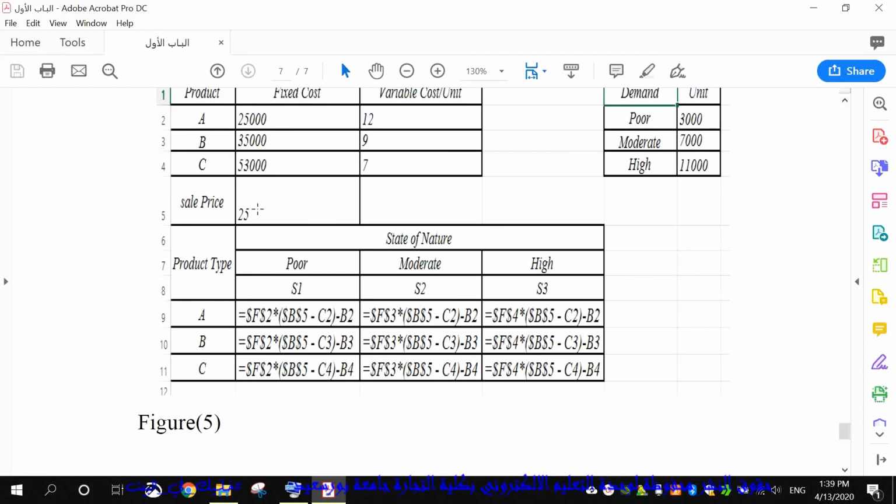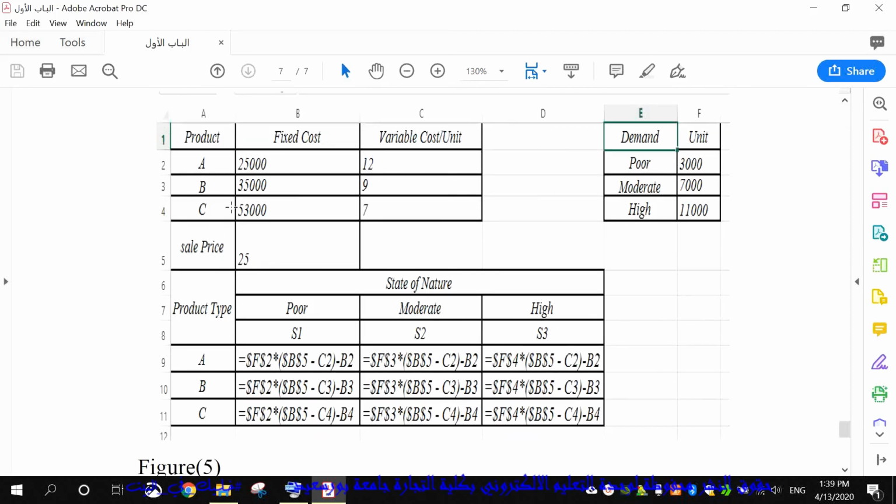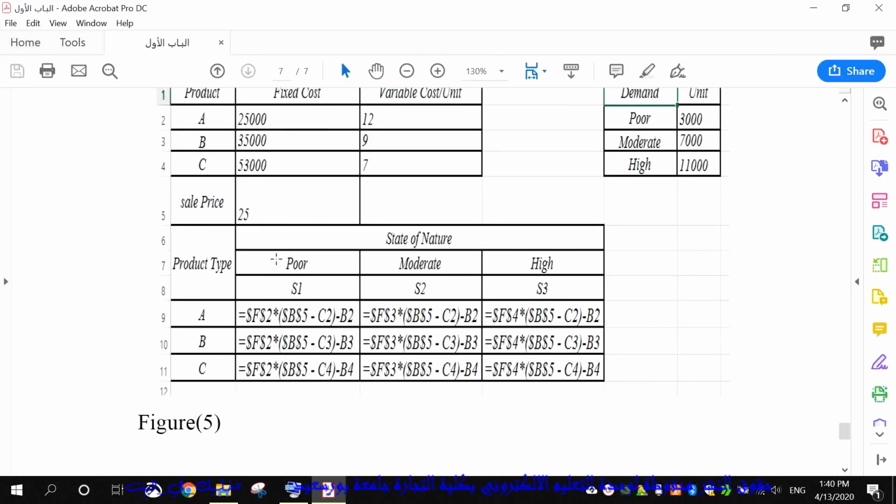And remember, don't forget to write down the sales price in cell B5 in our case, which is equal to 25. Then to calculate the elements of the matrix, start from B9 and end with D11 with the profit formula, which is equal to the revenue minus the cost, as seen in figure 5.